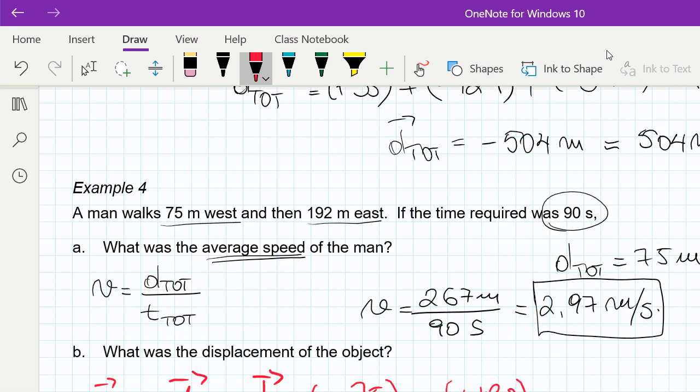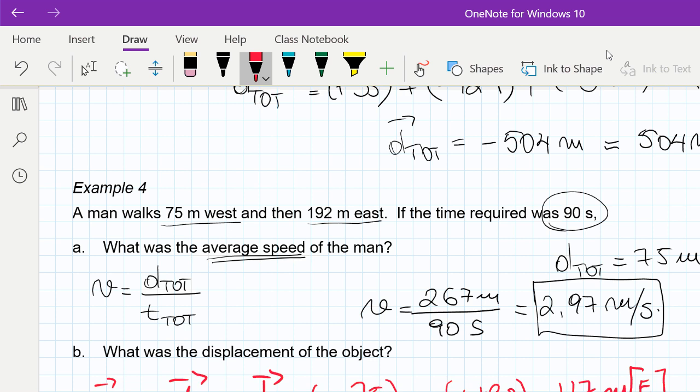And then we will have 117 meters going east. Okay, now what is the average velocity? So velocity will be total displacement over total time.